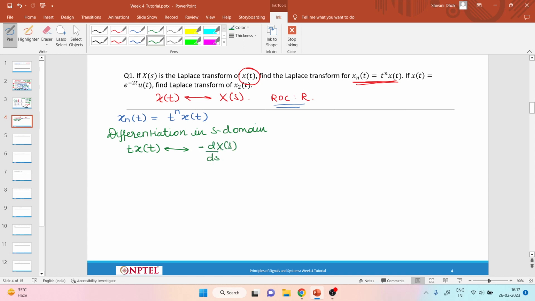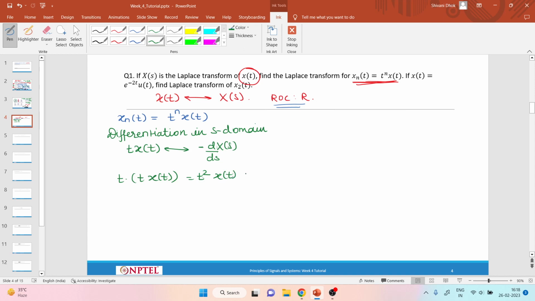That is, differentiation of the Laplace transform with respect to s. Now suppose I consider the Laplace transform of t times t x(t), that is t^2 x(t).